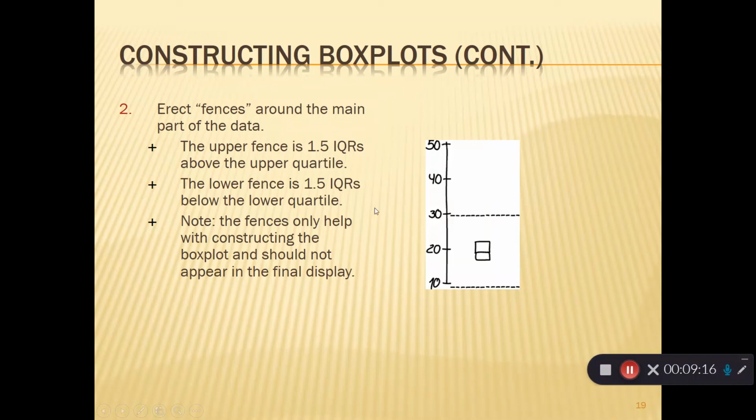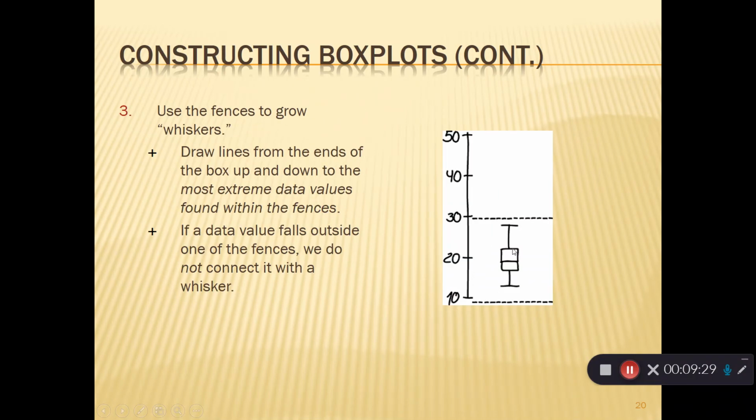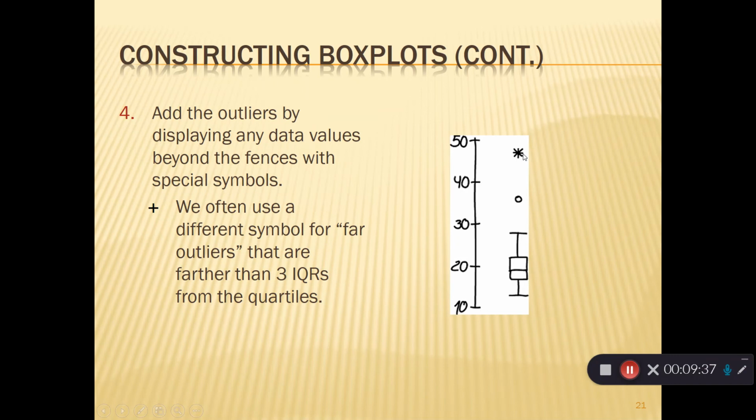These are called the fences. We're adding that to the upper quartile and subtracting it from the lower quartile and drawing a dotted line there. Then draw your arms out to the data point farthest away inside the fences, and then mark any other data points outside those fences as outliers.